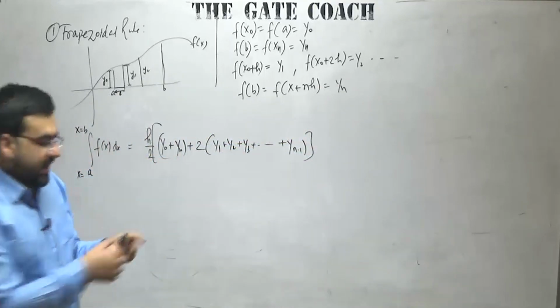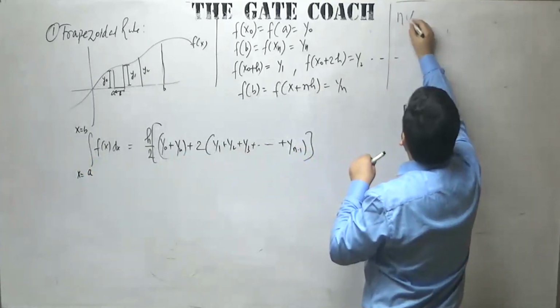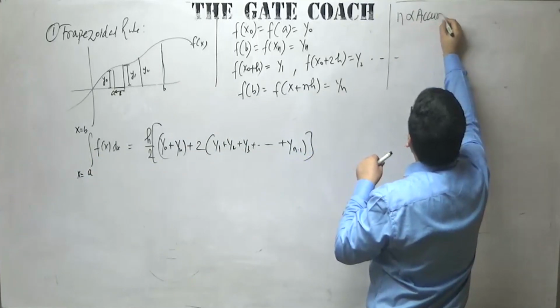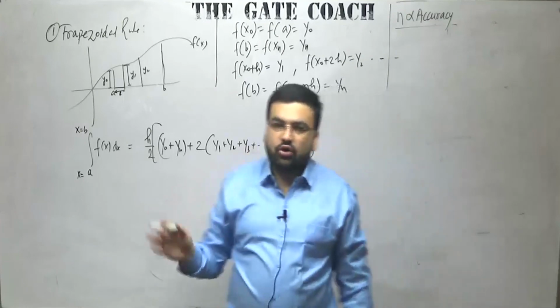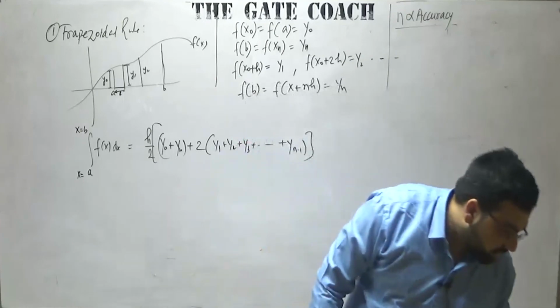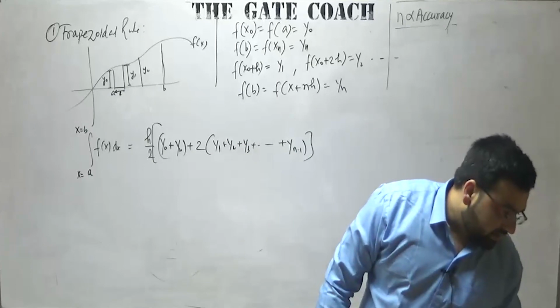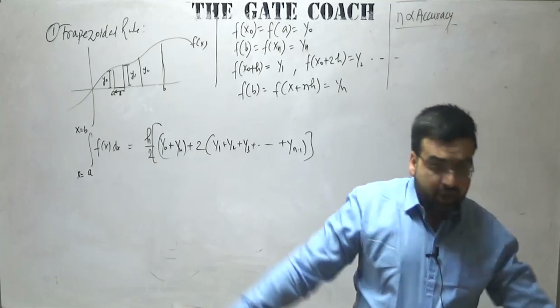Clear? So it means that the value of n in the Newton-Cotes formula is directly proportional to accuracy. But the only thing is that you get complicated formulae, and hence we do not go beyond n equal to 6. Okay? So the 1/3 rule working for a third order polynomial. See, polynomial doesn't matter.